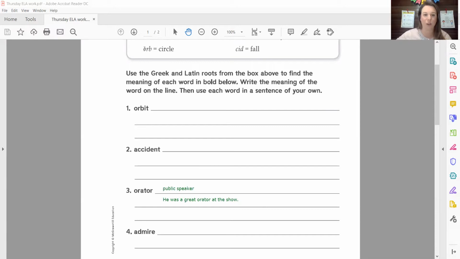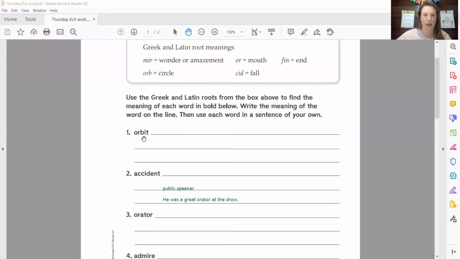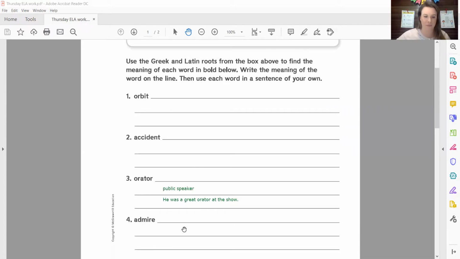All right, admire. Up above, we know that mir means wonderful or amazement. So if you admire, what would that mean? Let's see. In our text, we should find that. Oh, right here. It's the very first sentence. Many people admire John Glenn as an American hero. So admire means wonder, amazement.